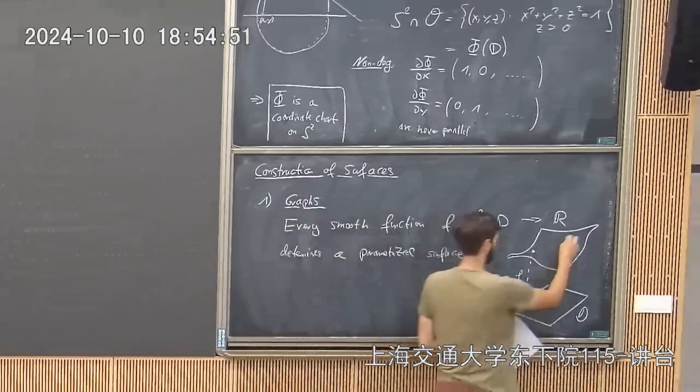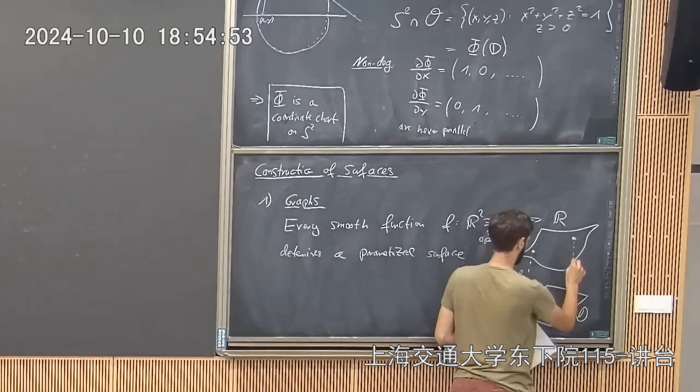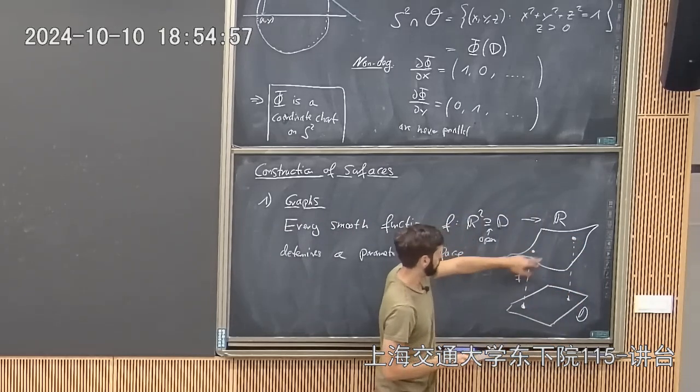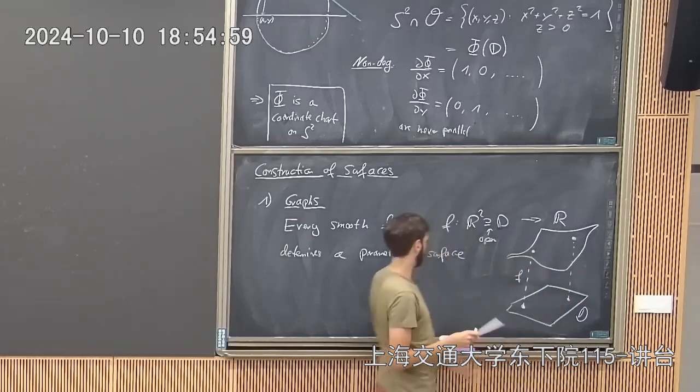So this point here is mapped to this point, and this point is mapped to this point.